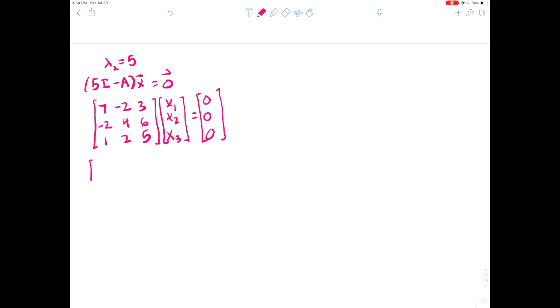All right, so we need to find the reduced row echelon form of this augmented matrix I'm writing here. And let's check out what the reduced row echelon form is.